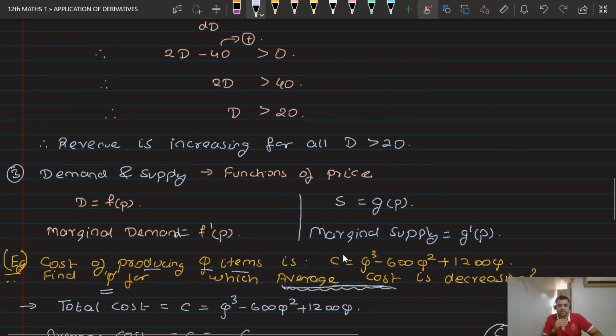A similar question I had taken in the previous case. Here I had told that the demand is just greater than 20, but we did not think anything of this kind over here, because greater than 20, guys, all the numbers are positive, so we don't need to worry. Demand can be anything above 20, it can go till infinity.